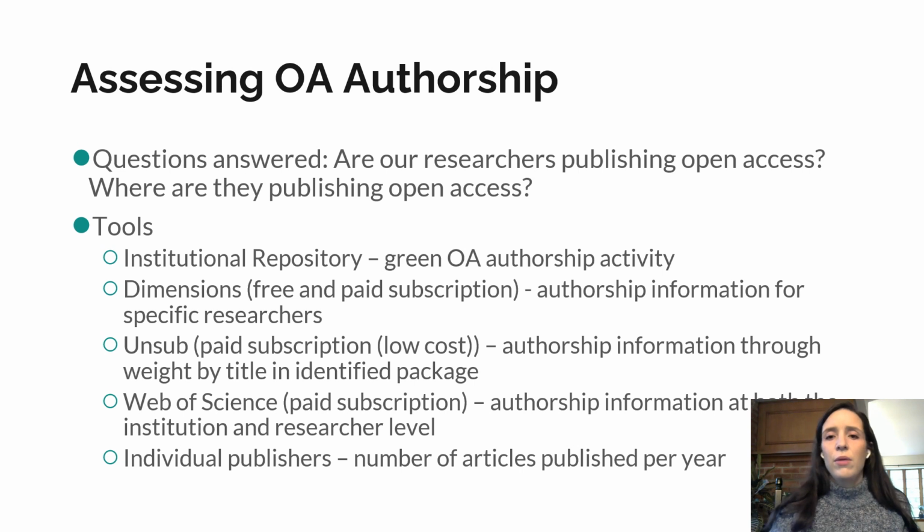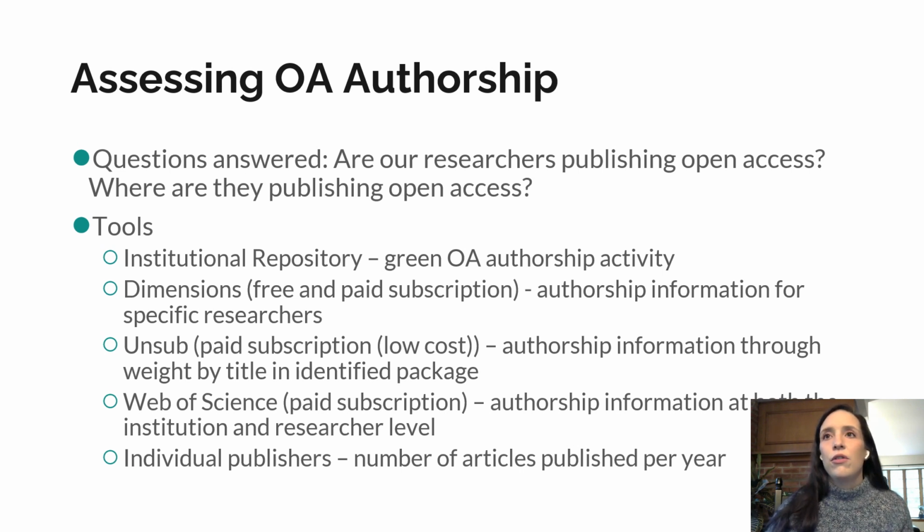Again, Dimensions, so we can see authorship information for specific researchers. Unsub, we can see authorship information through weight by title in a specific identified package, which can be especially helpful. And then if your institution subscribes to either Web of Science or Scopus or something like that, we can get authorship information at both the institution and the researcher level, and we can start to see patterns and trends.